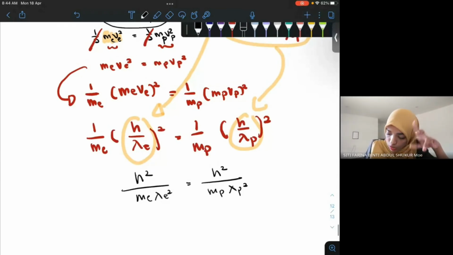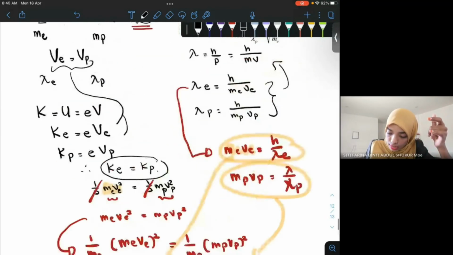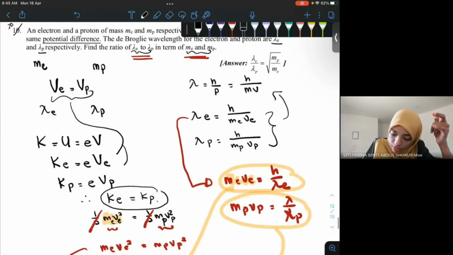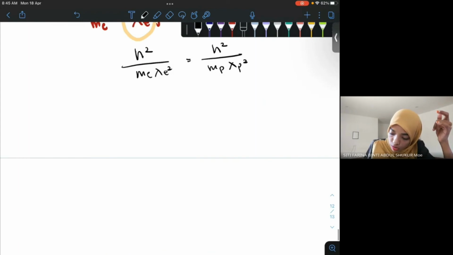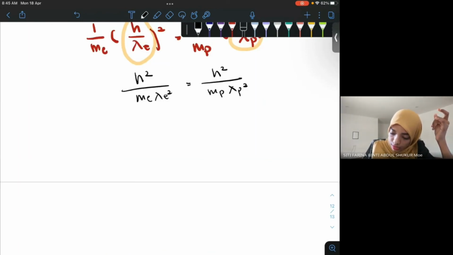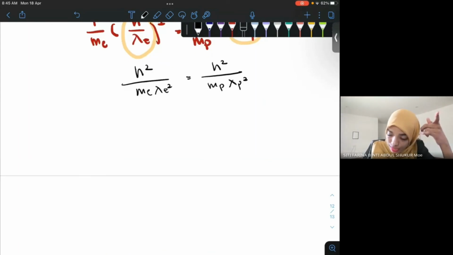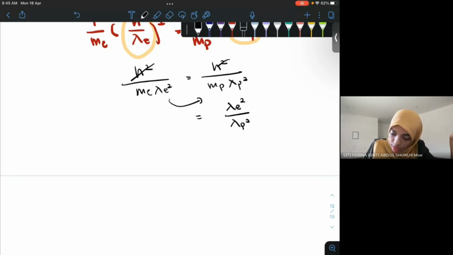dekat sini so kita jadikan lambda on one side, mass on the other side. Dia kata ratio of lambda e to lambda p, so lambda e yang kena duduk dekat atas. So saya bawa lambda e ke sana lambda e square over lambda p square. So dekat sini h ni boleh cancel.